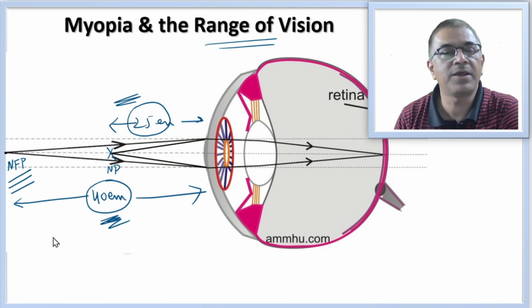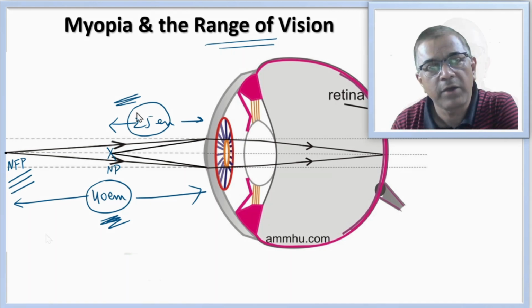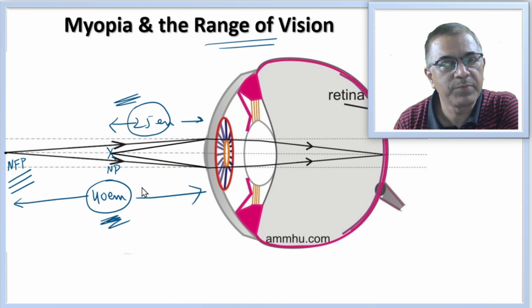So let's try to find out what is now the power of accommodation. The power of accommodation for a myopic person can be calculated as follows.